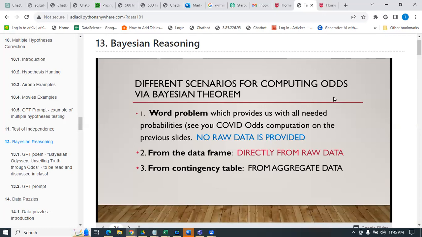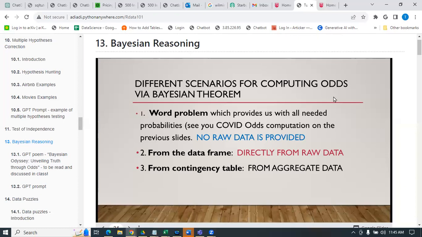The old-fashioned way, which we don't really use here, but if you go to old statistics textbooks, would be a word problem. Just like I gave you, that was a word problem. No data given. I will just say, what are the odds of having COVID, having tested positive for COVID? Now I have to give you some numbers.